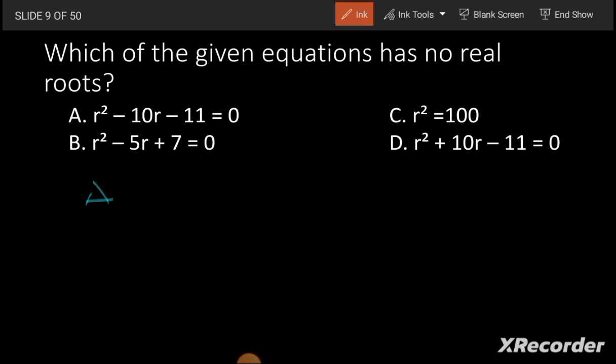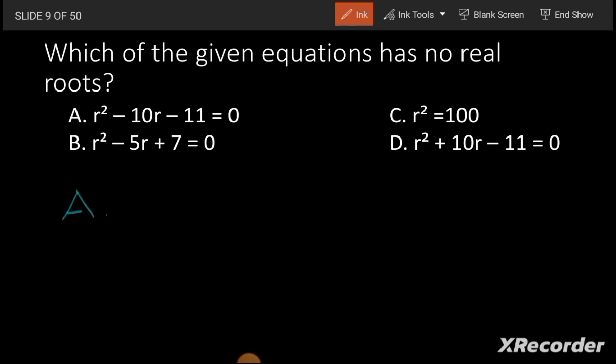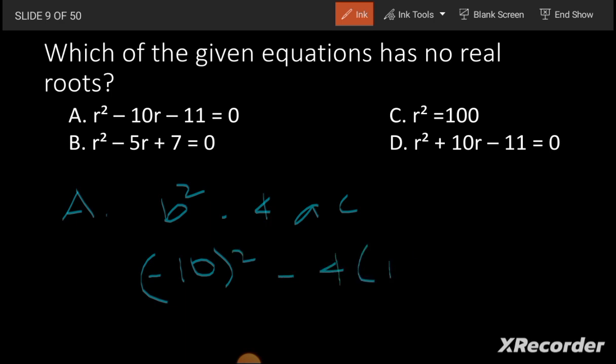Let's try letter A. Using the discriminant b squared minus 4ac, b is negative 10, so 10 squared is 100, minus 4 times a is 1 times c is negative 11, that's positive 44, and that's 144.